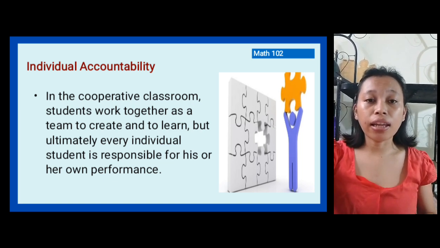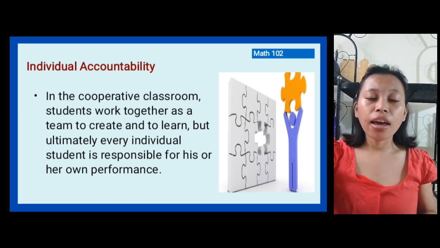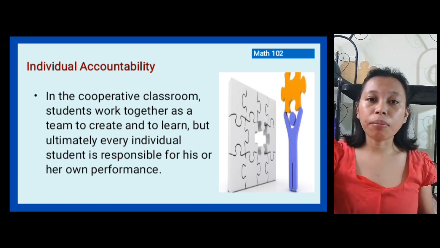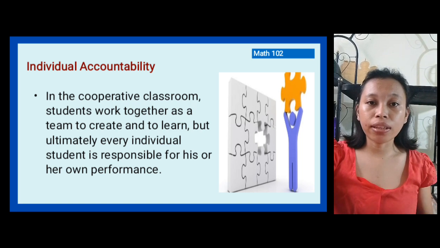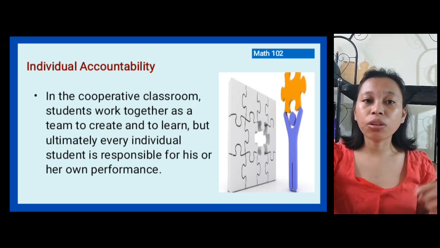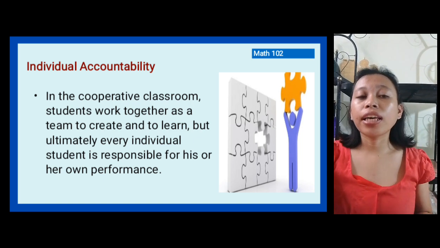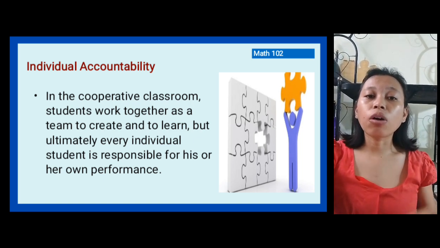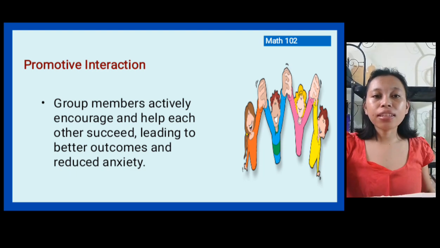Example, in a group project, each student might have a specific role or task to complete. They are accountable for completing their part well, even though they are working as a team. That's individual accountability. Next is promotive interaction.